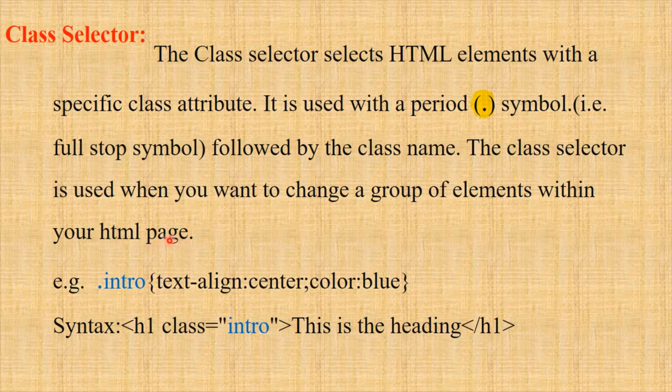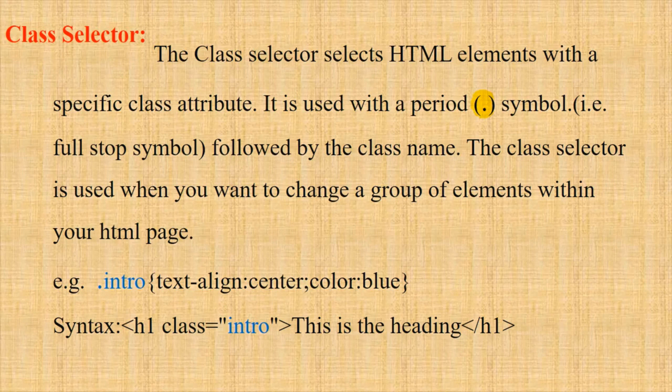Now see, this class selector starts with the dot symbol. Class selector starts with a dot symbol, whereas ID selector starts with a hash symbol.